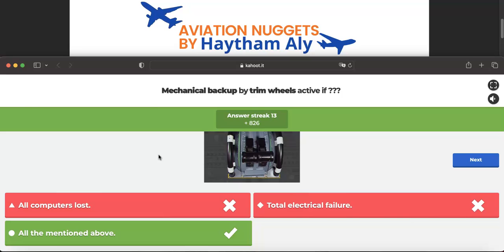The mechanical control will be active in case of all computers lost, all computers inoperative, or in case of total electrical failure, when we cannot operate the electrical flight control system. So the THS will be operated mechanically from the trim wheels on the center pedestal. Okay, everybody. Let's proceed. Next question, everybody.